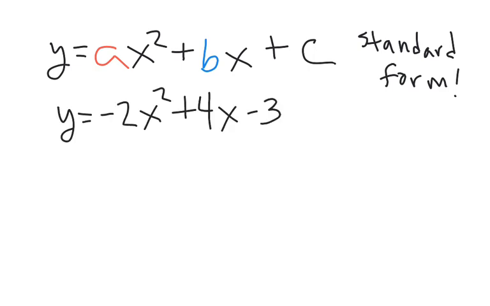And now once again, we're not going to do any math per se. We're going to just recognize that a is always attached to the x squared, and b is always attached to the x. So which one's attached to the x squared? I've got negative 2 that I made all sloppy. And likewise, what's attached to the x on my actual equation? I get 4.